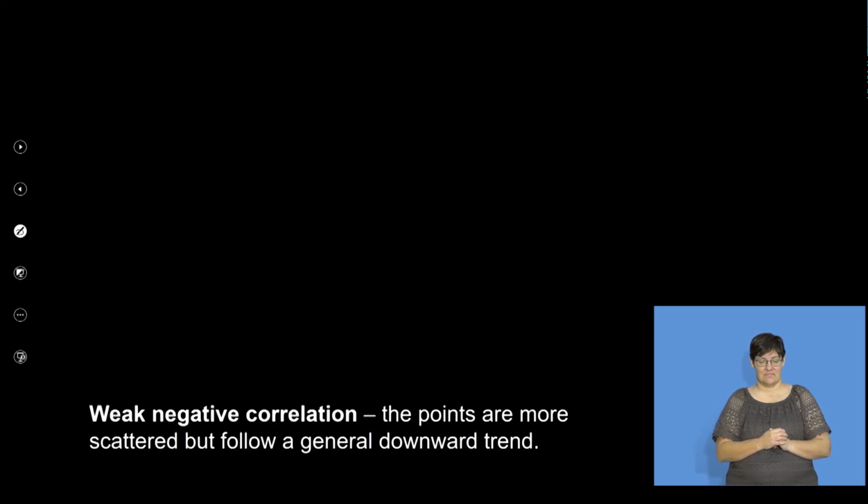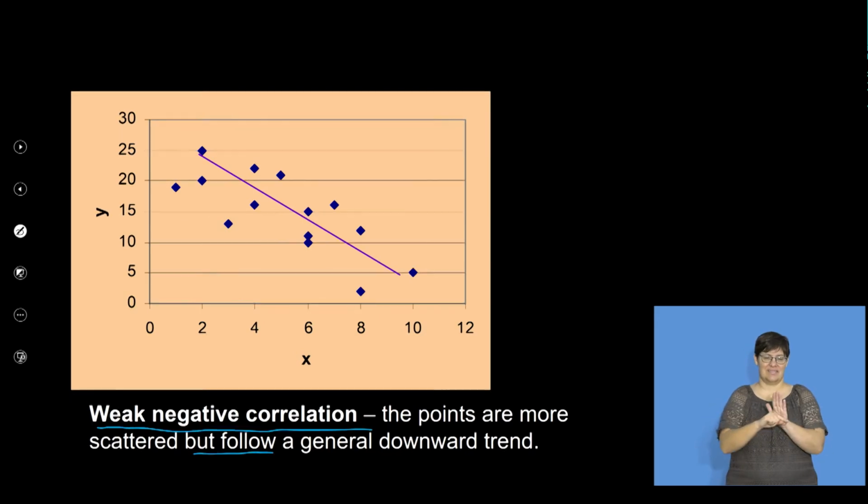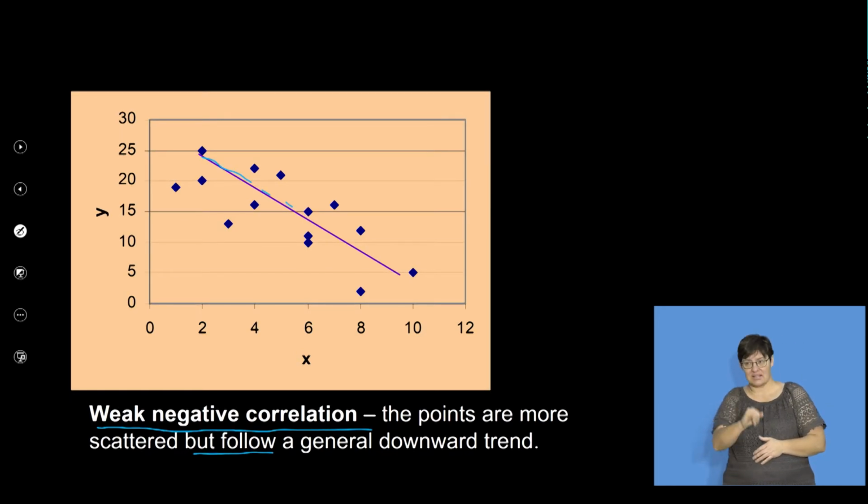So, what about a weak negative correlation? The points are more scattered but follow a general downward trend. So there's a weak negative correlation. We can see we have a straight line there.